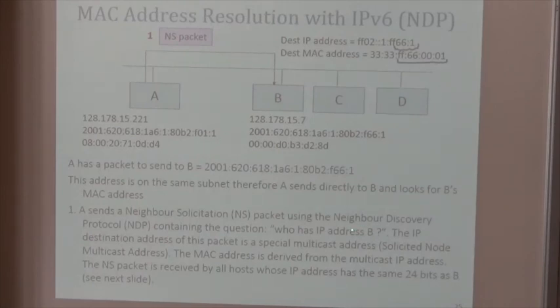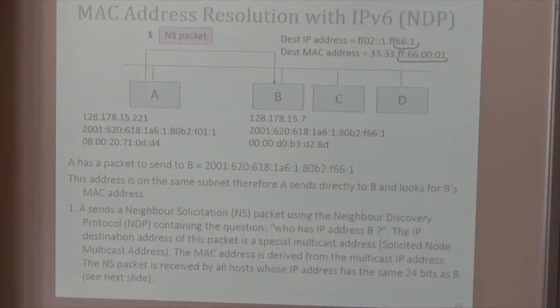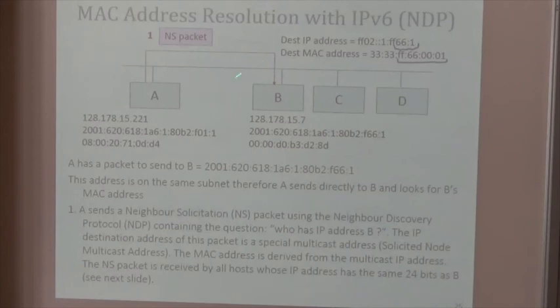Now, this, of course, is not broadcast, but is sent to this address, which you recognize as a solicited node multicast address. So you send it to the target address. You want to speak to whoever has this address, but you cannot send a packet to this unicast address because you need to know the MAC address.